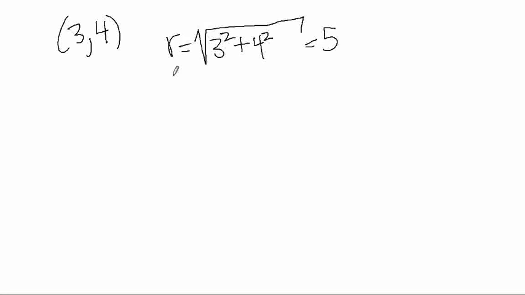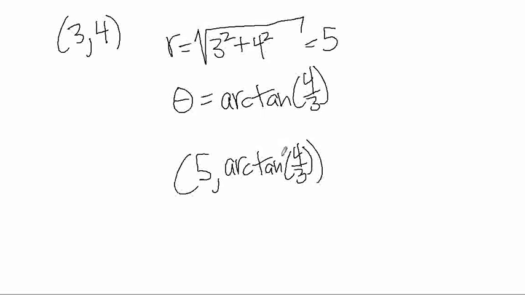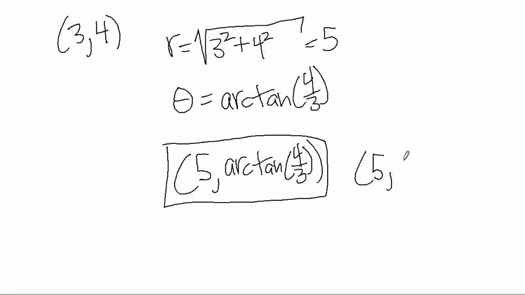And theta will be the measure of an acute angle, so we can use the arctangent of 4 over 3. Expressed in polar coordinates, we have 5 comma the arctangent of 4 over 3. That is the correct answer, but if you want a decimal approximation, you can also say 5 comma 53.13 degrees approximately. Okay? So that's converting from rectangular to polar.